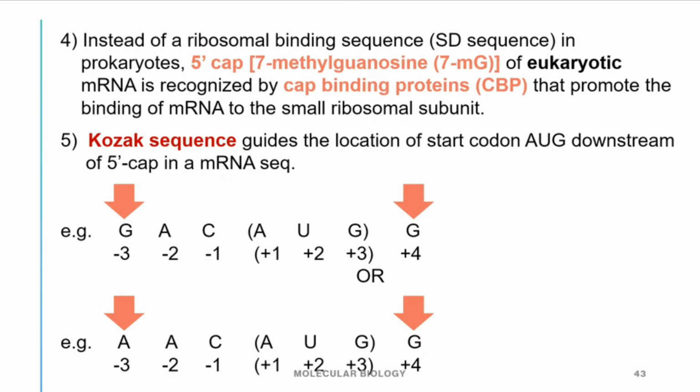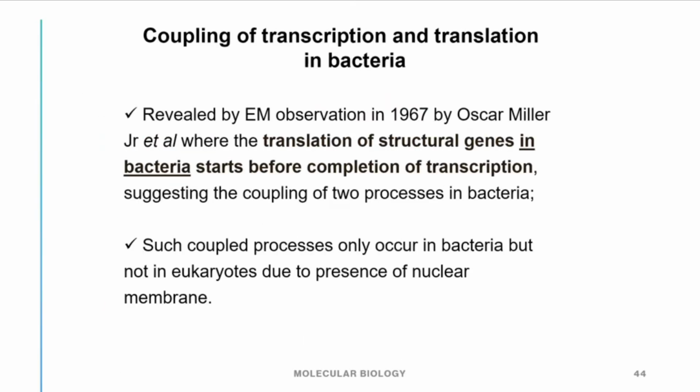Now, one last thing that I want to talk about is how transcription and translation can actually be coupled in bacteria because of the lack of a nuclear membrane. So in bacterial cells, once it starts to transcribe the gene, before the transcription actually ends, you can already have translation taking place on the piece of mRNA that's being produced, because they happen at the same location, the same space.